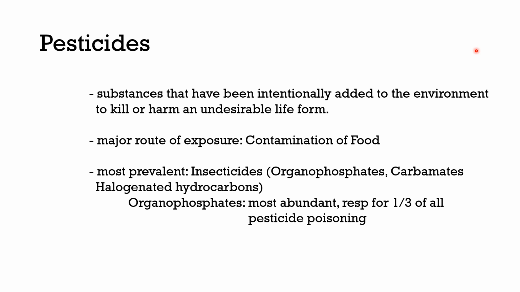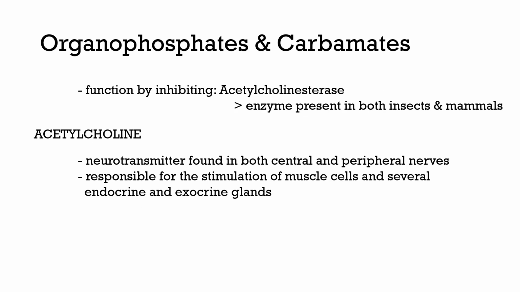Major route of exposure would be contamination of food, because usually gina-spray man siya sa mga plants na, like for example sa mga palay, diba, or kanang mga plant-based na mga food. And then most prevalent would be the insecticides such as your organophosphates, carbamates, and halogenated hydrocarbons. Organophosphates would be the most abundant, responsible for 1/3 of all the pesticide poisoning.